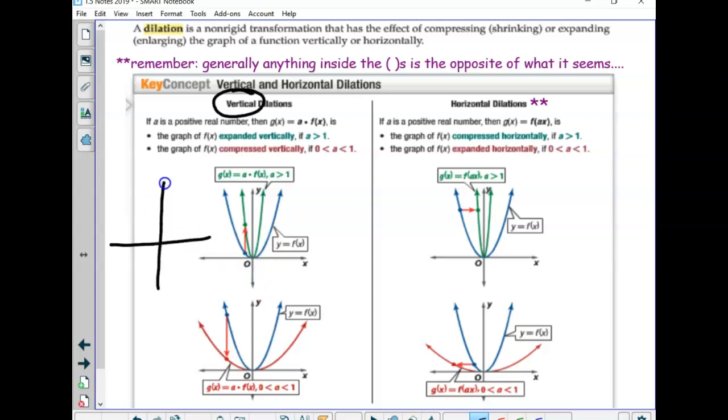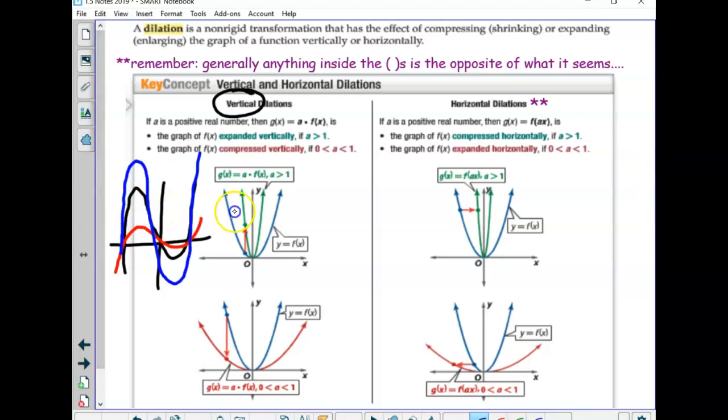So if you have a picture like this, and you're doing something vertical to it, it's going to go through the same intercepts and either be shrunk or stretched, but it crosses at all the same places. Does that make sense? Okay.